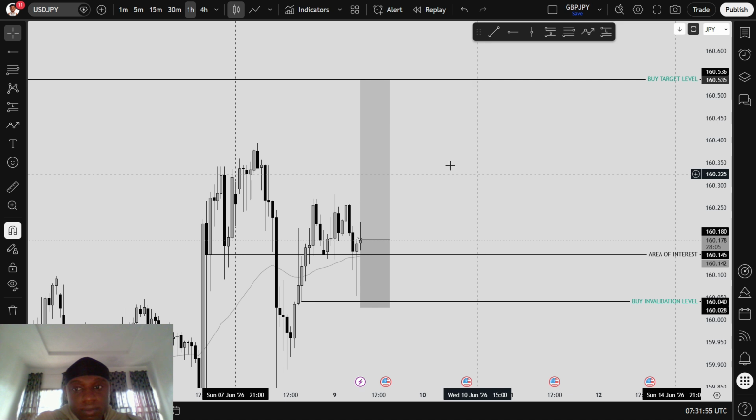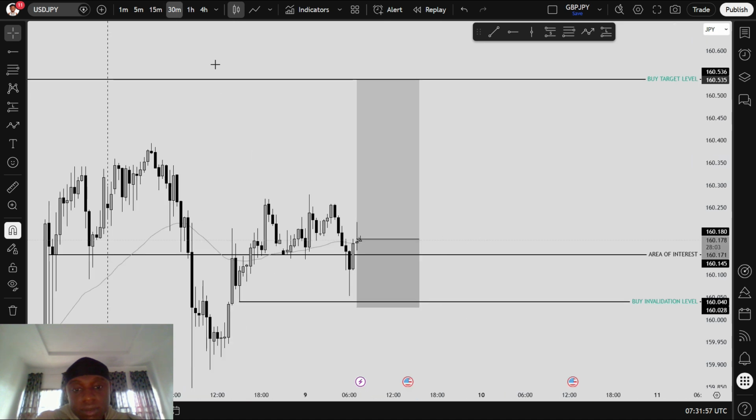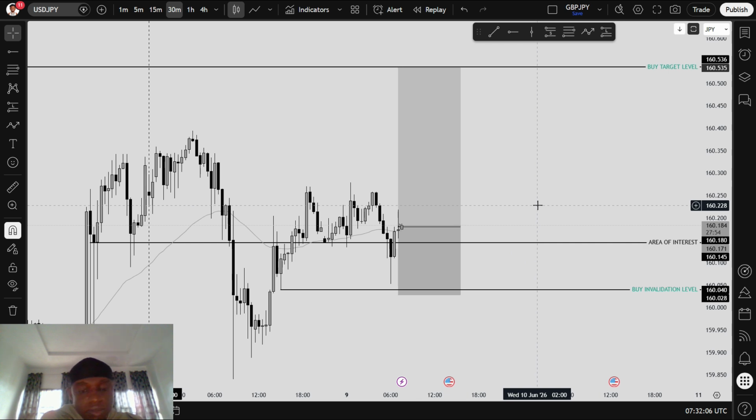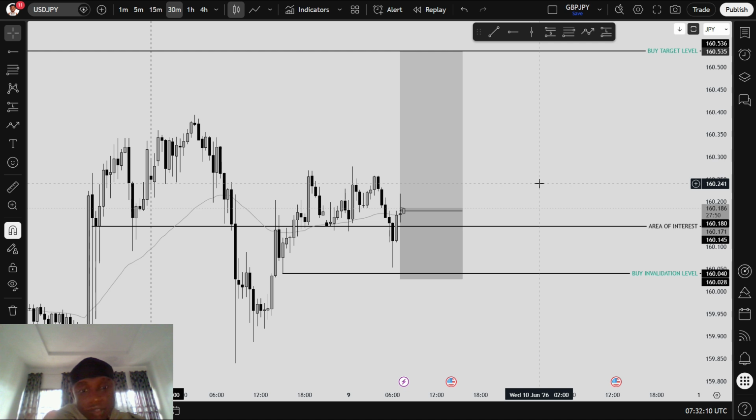So if price takes me out here, the whole buy setup is invalidated. I think that's just the confluence I used to get into this trade, a very basic day-to-day setup. So let's see how it unfolds and I'll update you on the next.